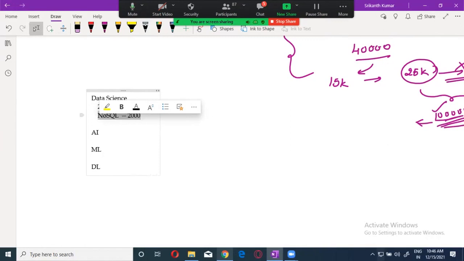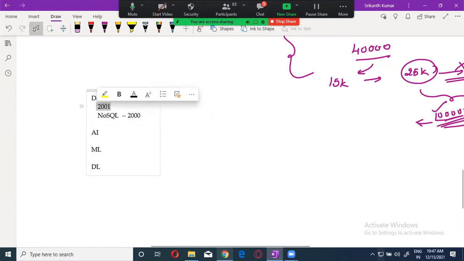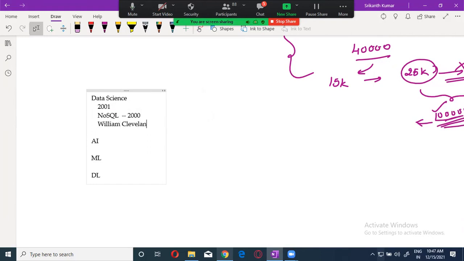NoSQL was not there at the time, so you were not able to store that data. Because NoSQL came into existence in 2000, data science was first coined in 2001 by a gentleman called William Cleveland.